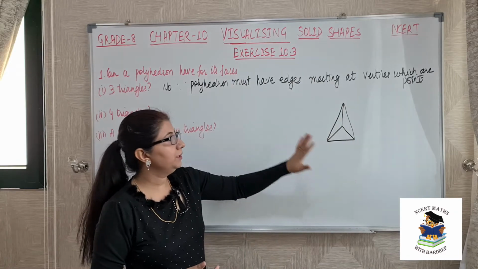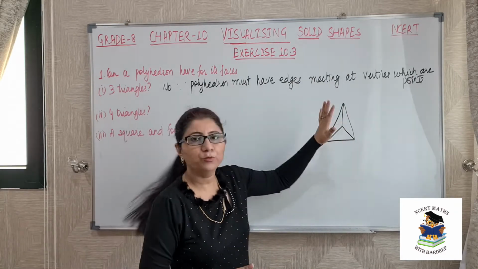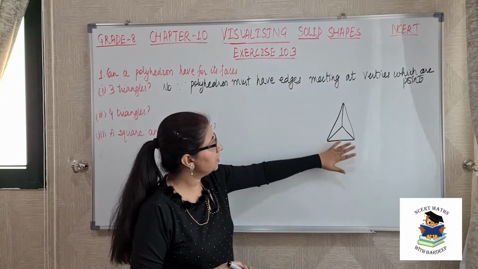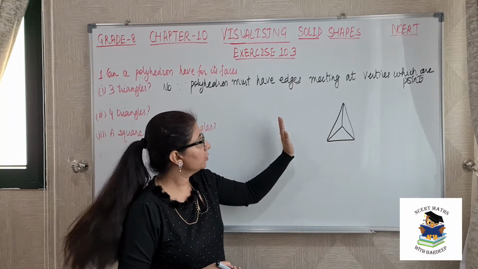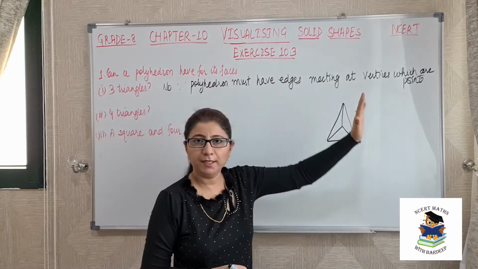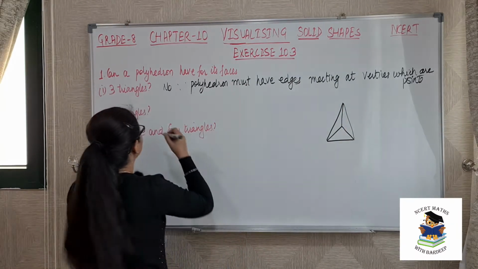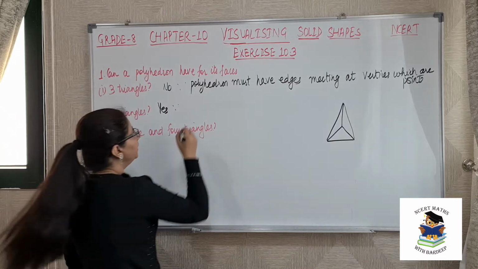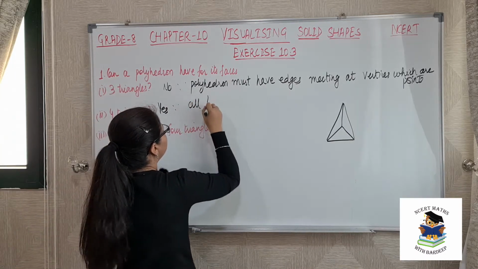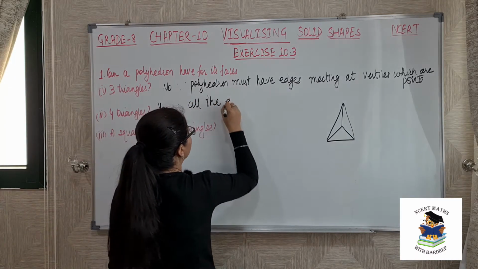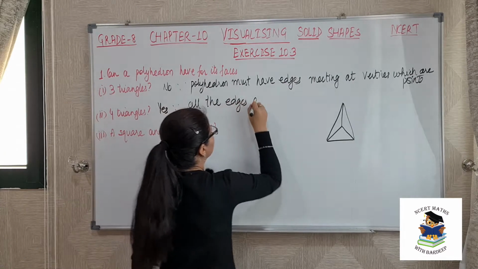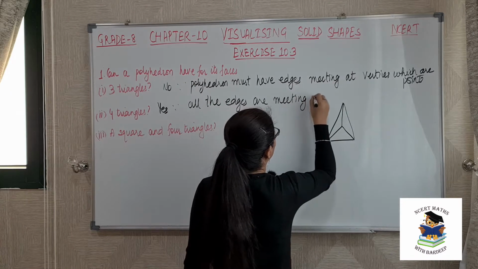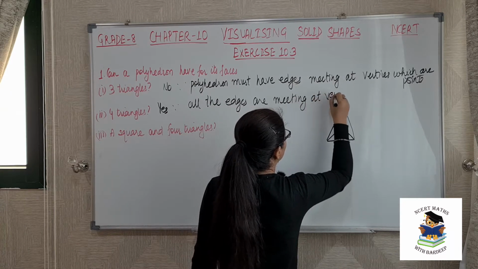So it is possible to have a polyhedron having 4 triangles, right? So we can say that yes, it is possible to have a polyhedron because all the edges are meeting at vertices. So we will say yes, because all the edges, same thing which is not true in the first part, all the edges are meeting at vertices.